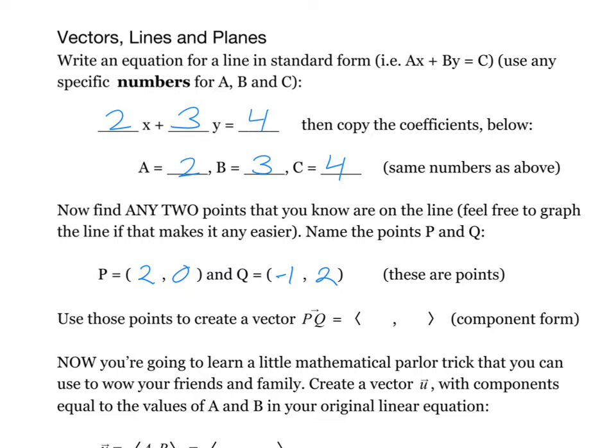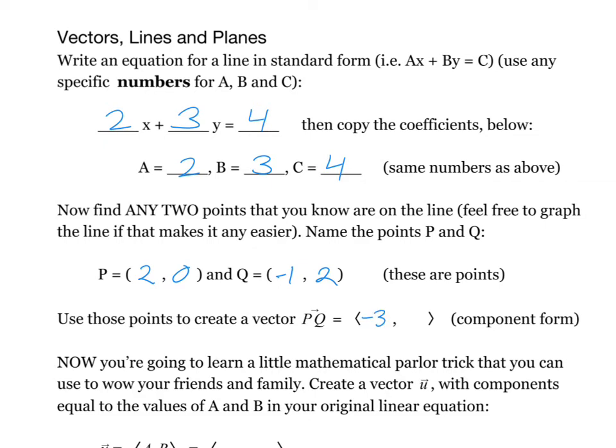Now, we want to use these 2 points to create a vector from P to Q. So you might remember when you're doing a vector from P to Q, you take the coordinates of Q and subtract the coordinates of P. So the x-coordinate of Q is -1, and if I subtract the x-coordinate for P, I'm going to get -3. So the first component of this vector PQ is going to be -3.